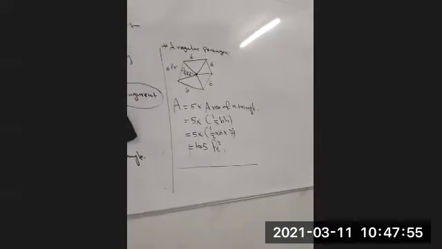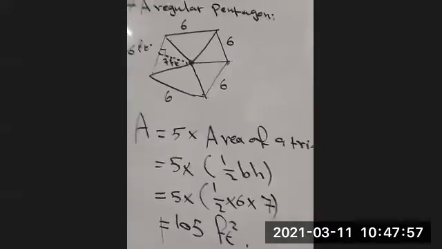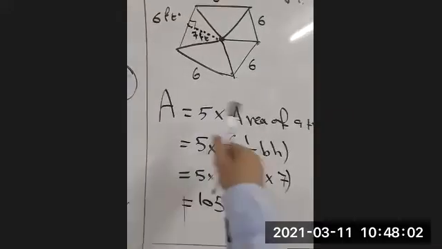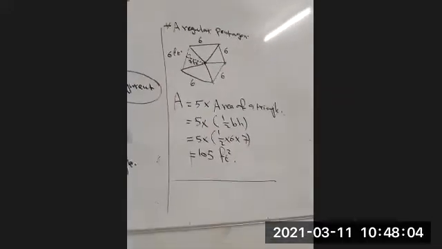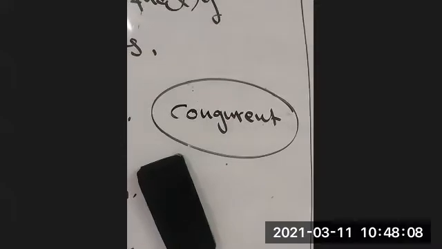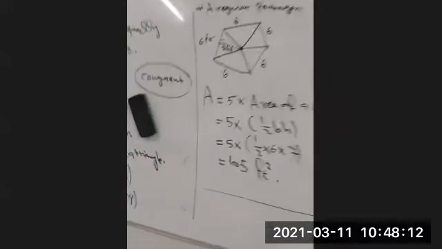So how do we find the area of the polygon? We just find the area of one triangle, then multiply by the number of congruent triangles. Congruent means they are the same. This is the idea of this lesson.